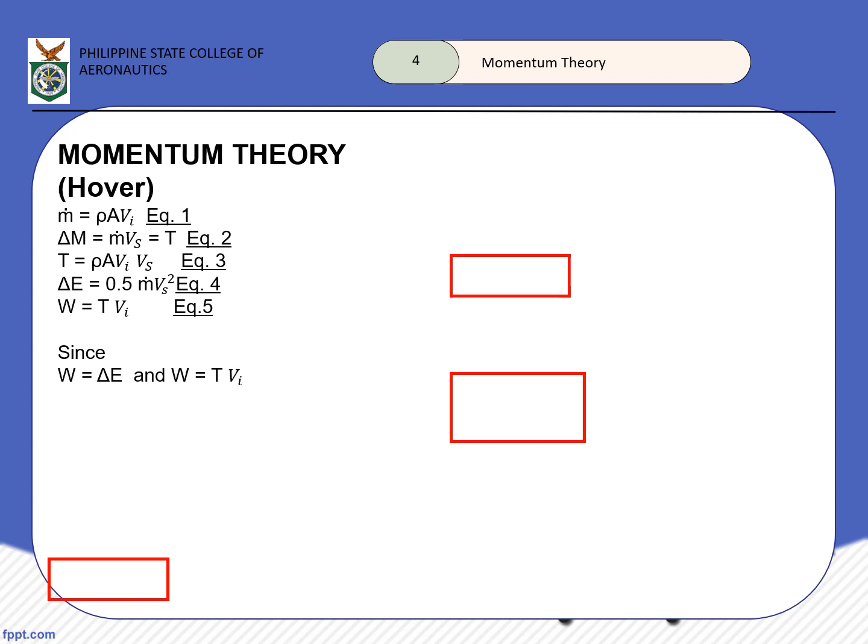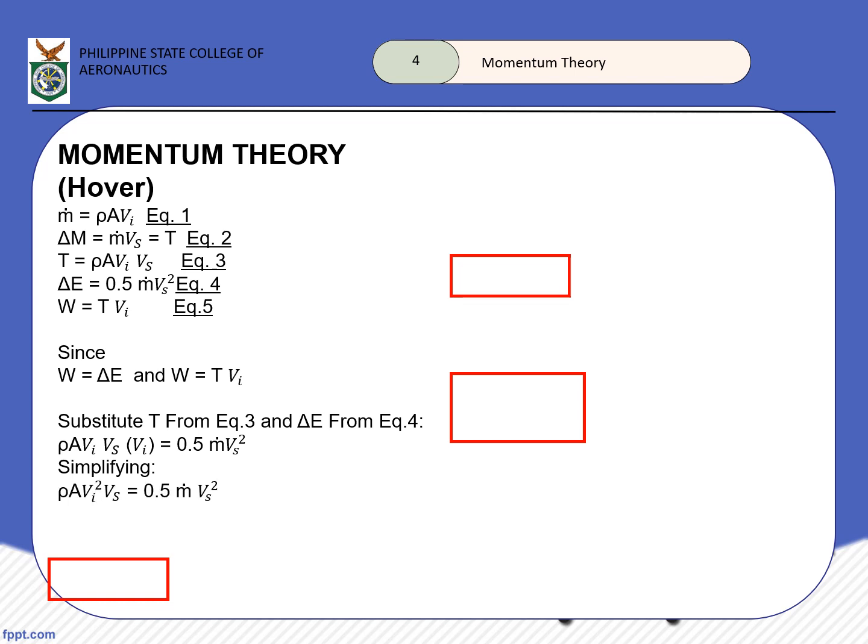Since W is equal to delta E and W is equal to TVI according to our equation 5, substitute T from equation 3 and the energy equation from equation 4. We would be having this, and further simplifying, we would be having Vs is equal to twice our Vi, which will serve as our equation 6.